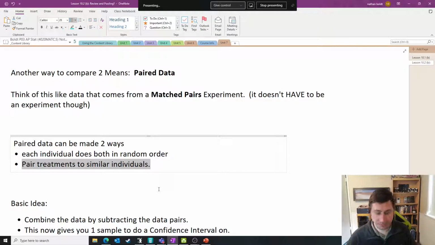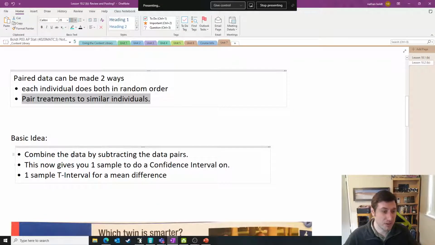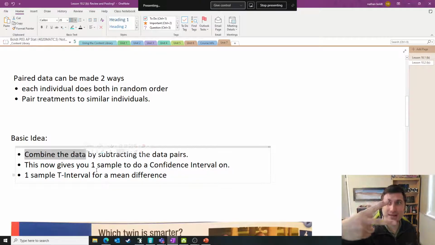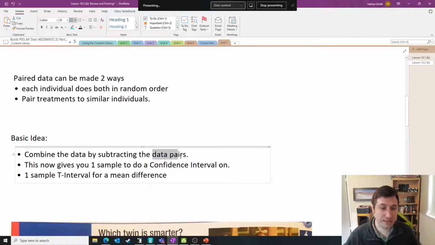All right? So the basic idea of what we're going to do here is you combine the data. You take the two data sets and you turn them into one data set by subtracting the data pairs. So you take each data point with its pair and you subtract them.